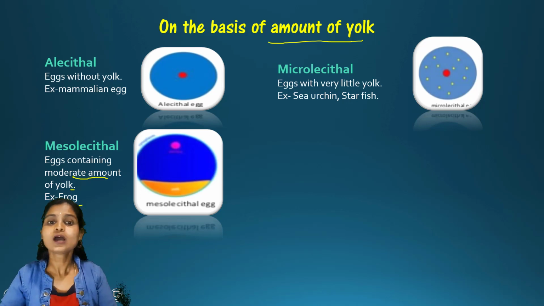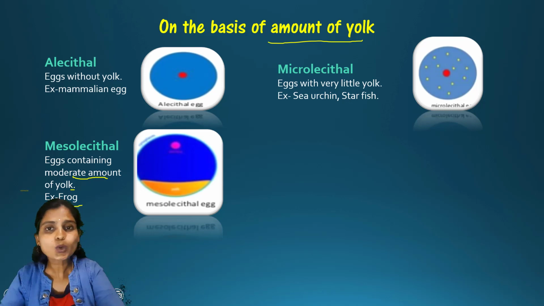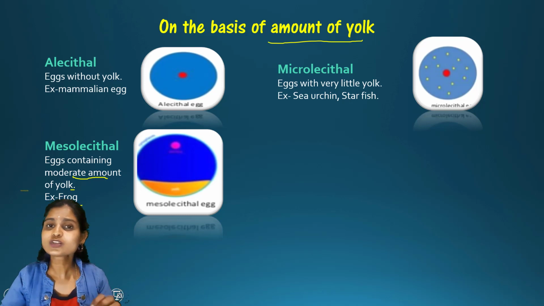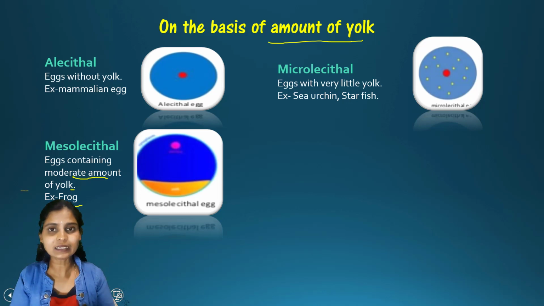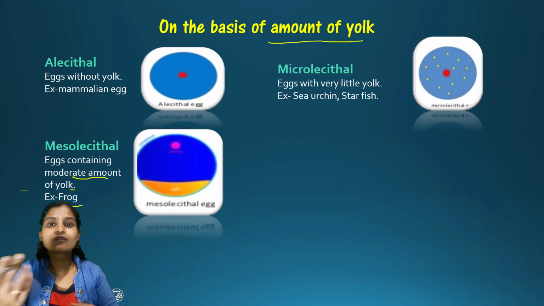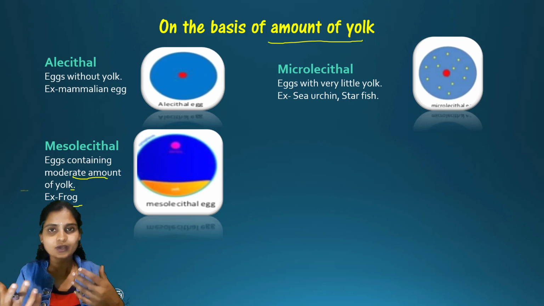Next we have studied microlecithal and mesolecithal eggs. In microlecithal only a less amount of yolk will be present, example starfish, and for mesolecithal we studied frog as an example. Because yolk is very less in amount, the embryo cannot develop completely, and from the egg the larva will come out. I think you are understanding.